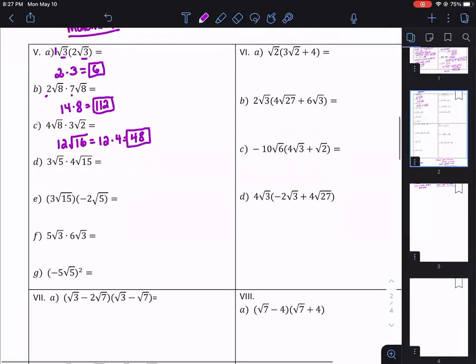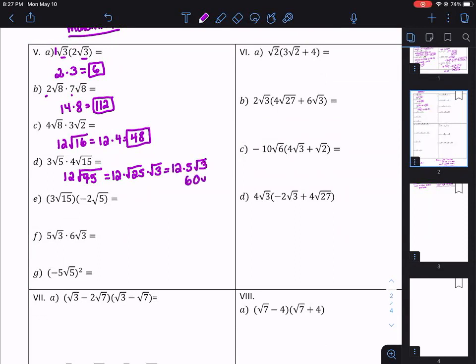For letter D, the coefficients become 12. Underneath the radical becomes 75. Sorry, that's 15 times 5, not 15 times 3. Largest square in 75 would be 25. And we end up with 12 times 5 radical 3, which is 60, the square root of 3.